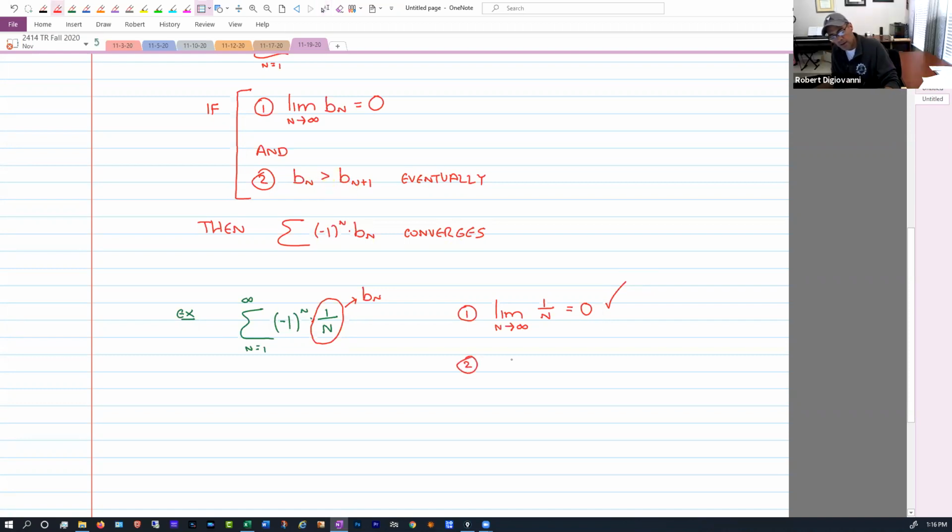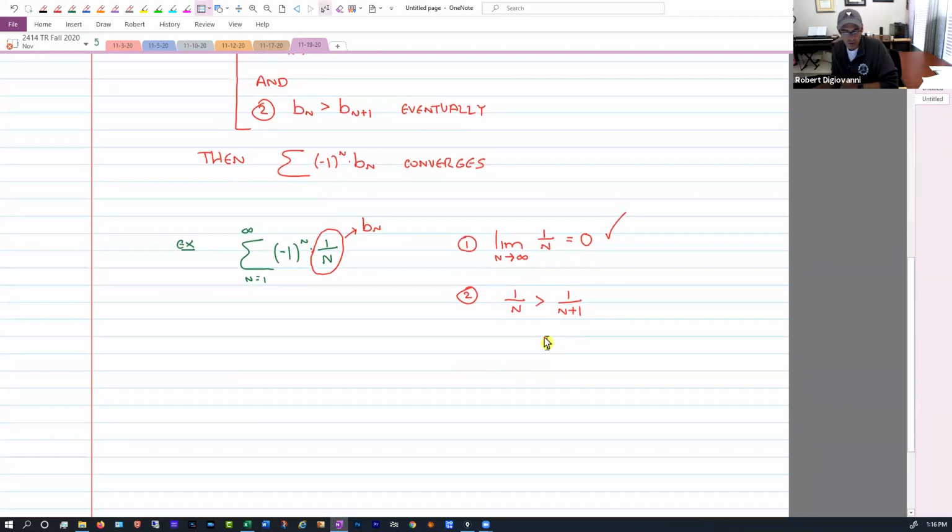So for 2, I need to show that 1 over n is bigger than 1 over n plus 1 eventually. So is this true? Well, we do that kind of cross multiply thing. We go n plus 1 bigger than n, and subtract n from both sides. We get 1 is bigger than 0. That is true, and so it is decreasing.